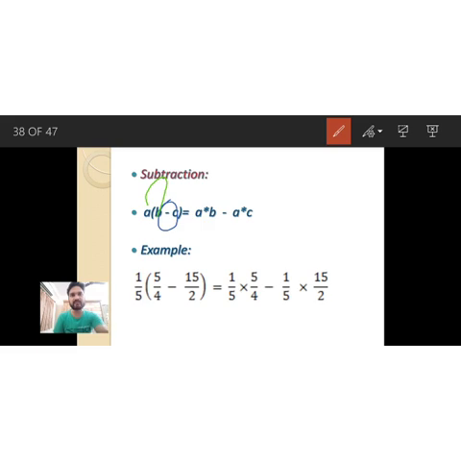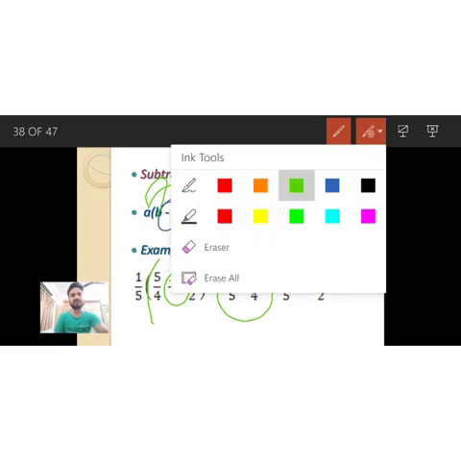A into B, then A into C. Only the difference is the minus sign. So now 1 by 5 bracket 5 by 4 minus 15 by 2. We have to distribute 1 by 5 into 5 by 4, then minus 1 by 5 into 15 upon 2.